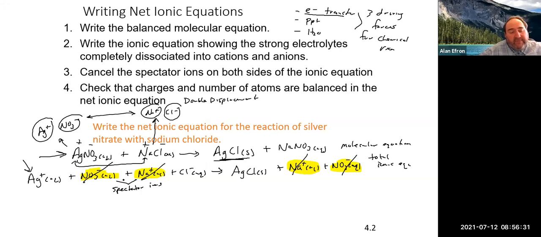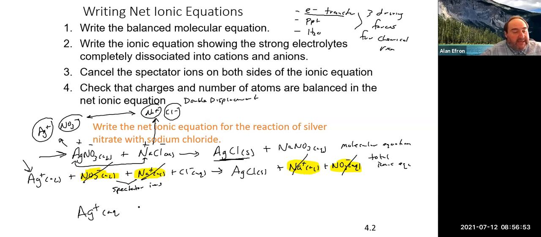If you find yourself in a situation where your spectator ions do not cancel out completely, my guess is you probably did not balance the equation correctly, or you have a wrong formula somewhere, but they definitely should cancel out always completely.